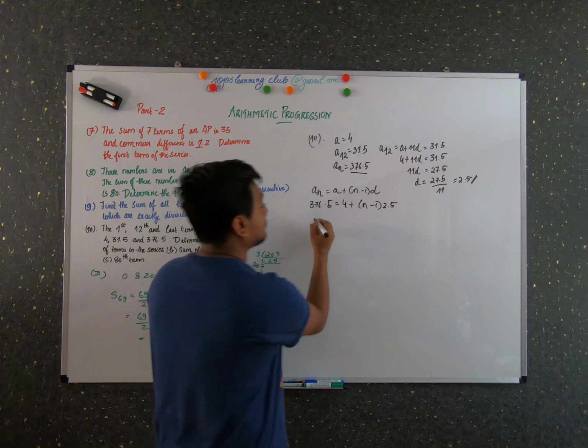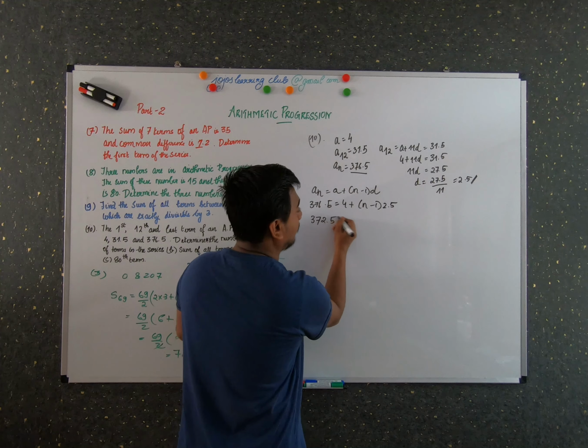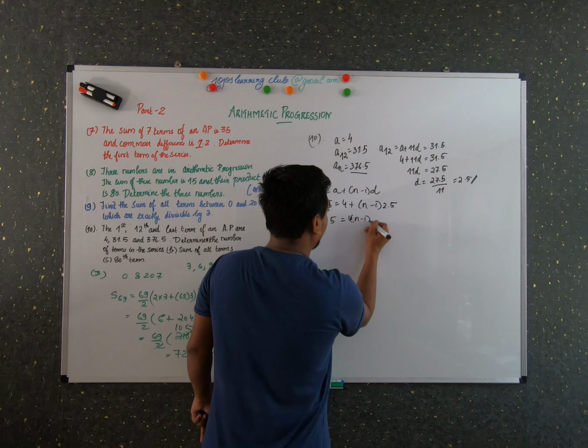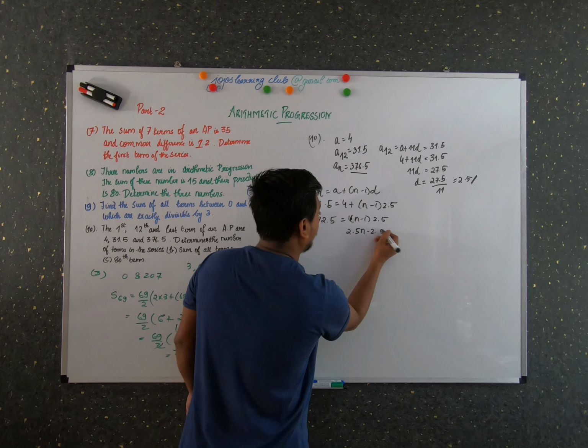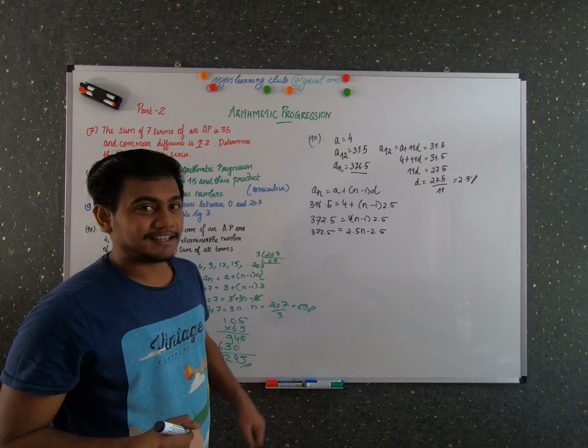So you can just substitute it, and you can just take this 4 onto this side, it becomes 372.5, right? So 4 plus n minus 1 into 2.5. So 2.5n minus 2.5 is equal to 372.5. Okay, it's clear, I hope.